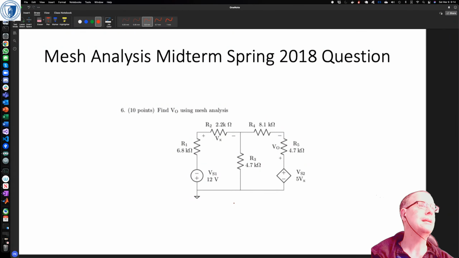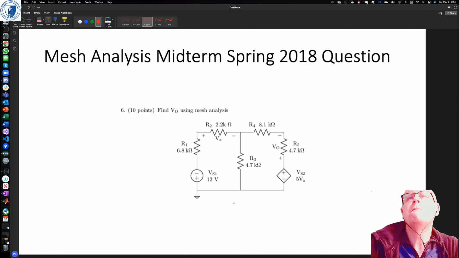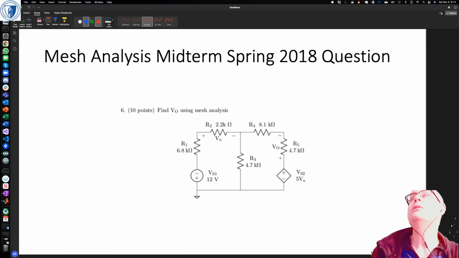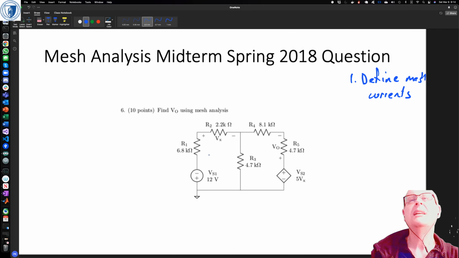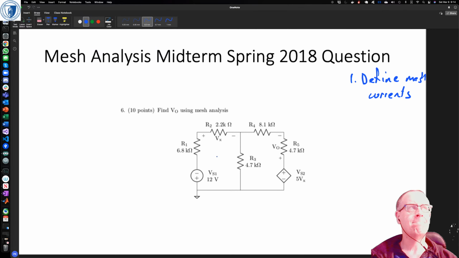Okay, looks like Matlab started up. Remember the sequence of steps: first of all, we define the mesh currents. Be careful, in this sort of question, some polarities have already been defined.